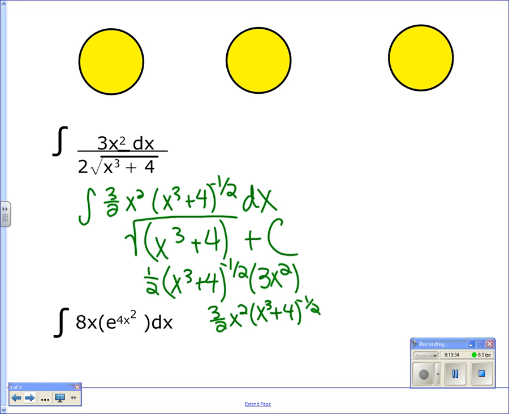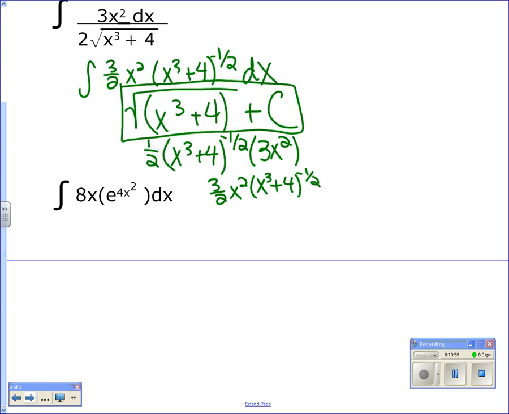Does that make sense? Y'all see how that works? So that is actually your answer. Any questions on how these work? Okay. Looking at this one, see if you can do it by yourself.